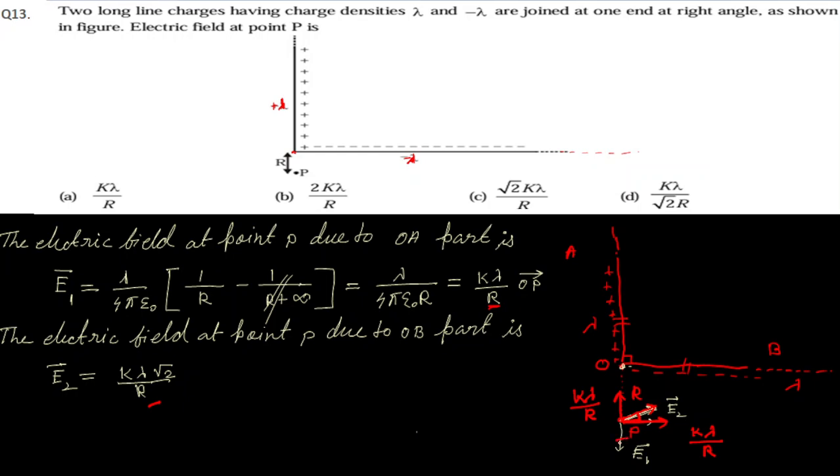That means this component and this component will cancel each other out, and the net electric field will be along this direction. What will be the net electric field?